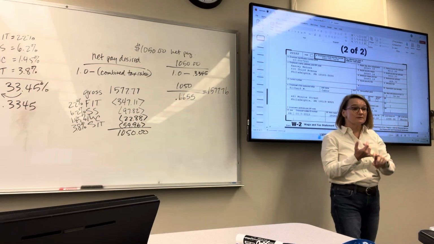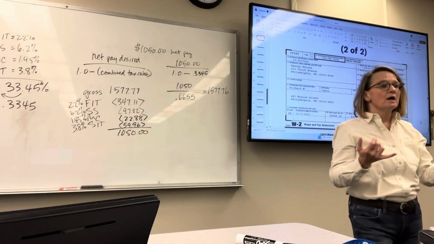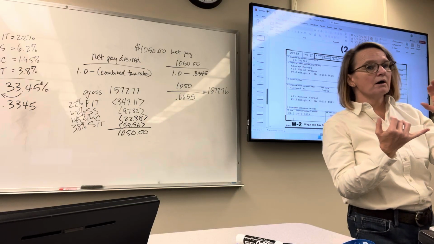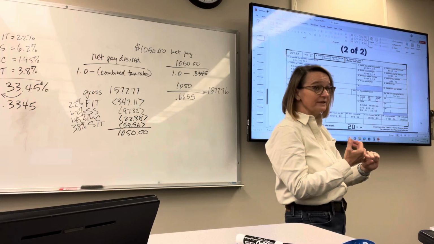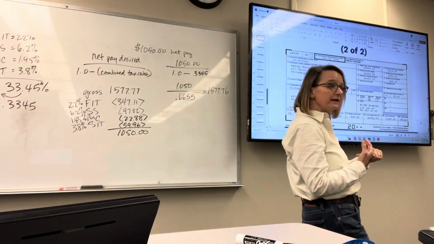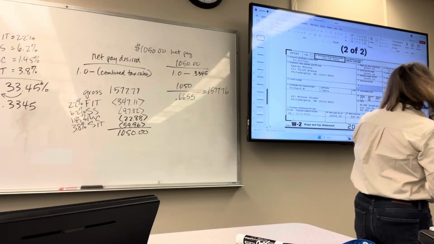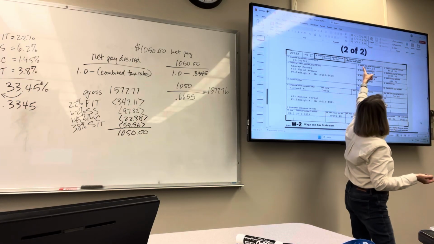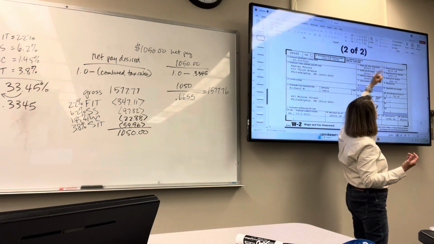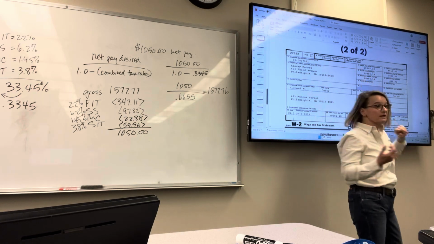Also, if they had some pre-tax deductions, remember, retirement contributions are pre-tax for federal income tax purposes, but they are not pre-tax for Social Security and Medicare tax purposes. So that amount that was contributed would not be included in box 1, but it would be included in boxes 3 and 5.